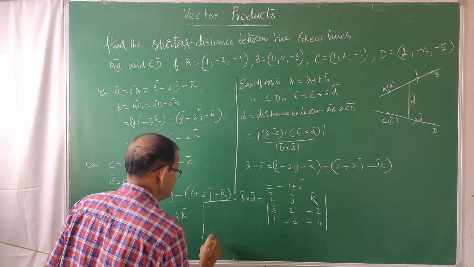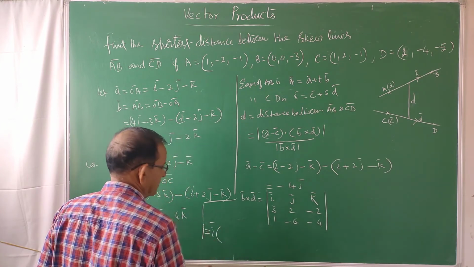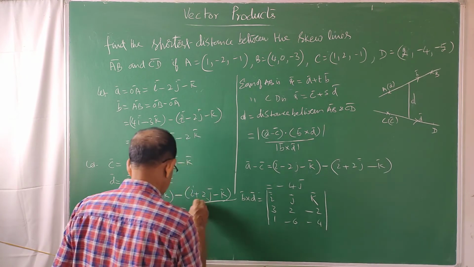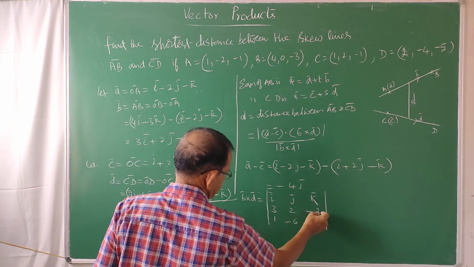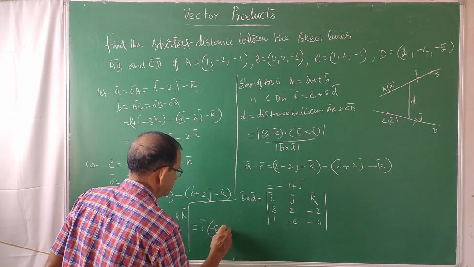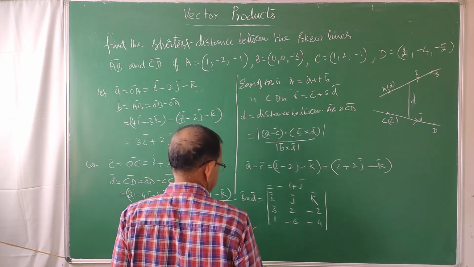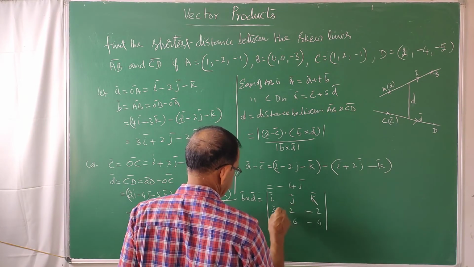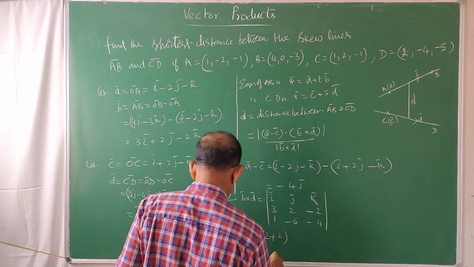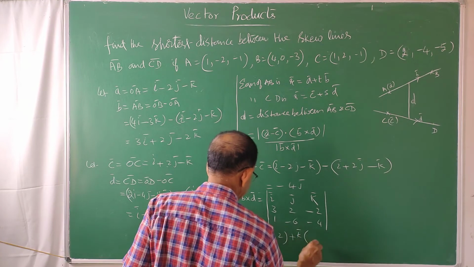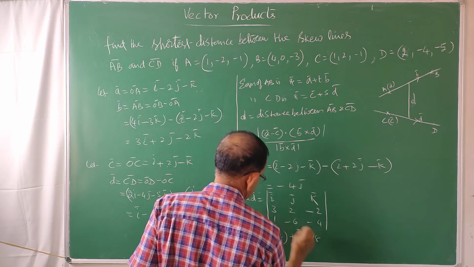So that is I bar into minus 8 minus 12, minus J bar into, deleting the middle column, minus 12 plus 2, plus K bar into minus 18 minus 2.